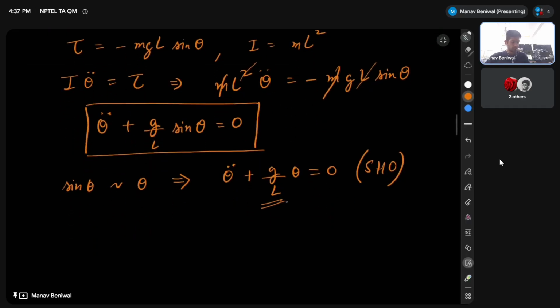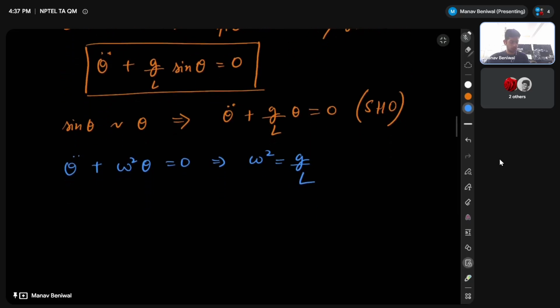We know that the coefficient of theta is nothing but omega squared, if we compare with the standard simple harmonic oscillation equation, which is theta double dot plus omega squared theta equals 0. On comparing these two, we get that our omega squared is nothing but g over l.